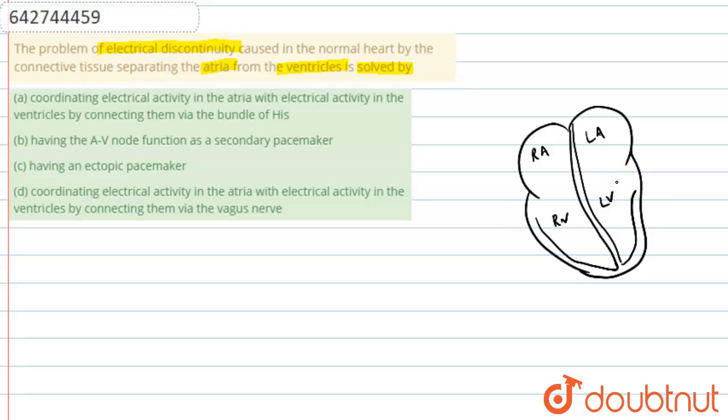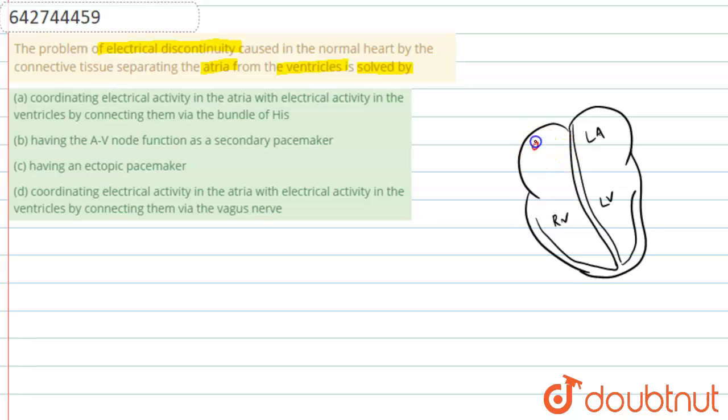These four chambers are all electrically stimulated by the action potential generated by the SA node.